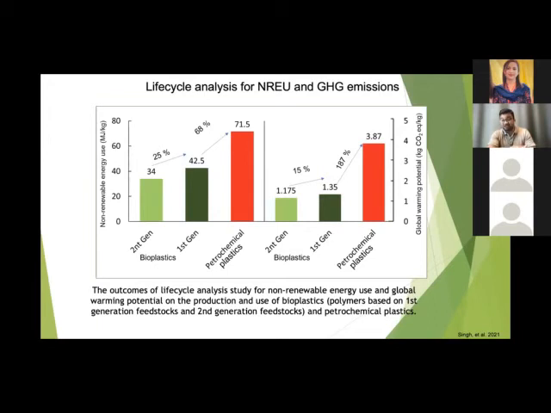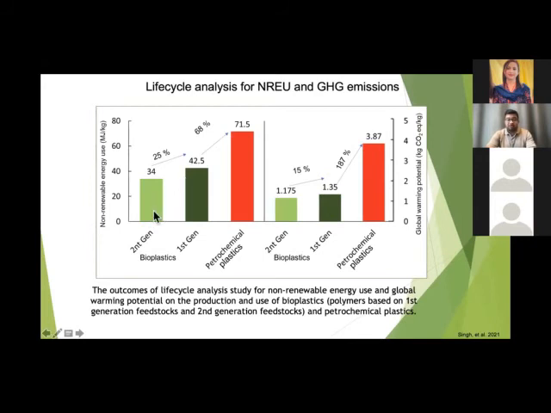Those are agriculture residue, not grain, not edible products. That's called second generation, or wood; wood can also be used in the second generation. There is also third generation plastic that comes from algae or seafood or from ocean water. That is still under development.